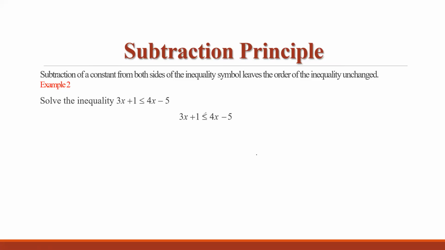So as we've done in the last example, we need to collect like terms. Remember, this one is on the left-hand side. So we need to take this positive one, where I have the negative 5. So we are going to put it there.